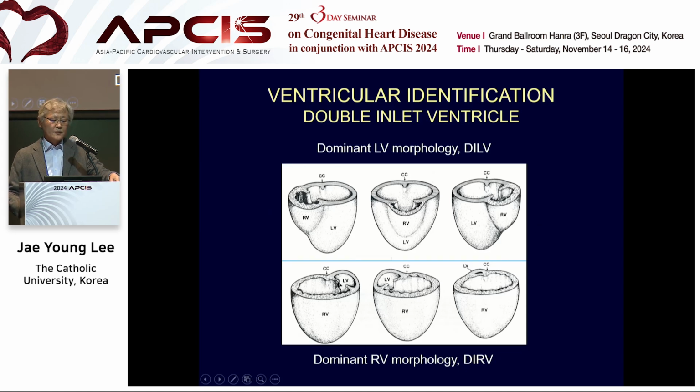Instead, here the morphological right ventricle is rudimentary. The chamber in the posterior inferior part of the ventricular mass, connected to the crux cordis and with no connection to the outflow tract, is the left ventricle. The dominant ventricle is LV and the rudimentary one is RV.